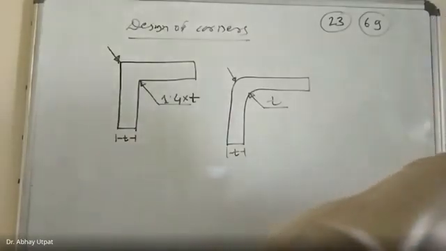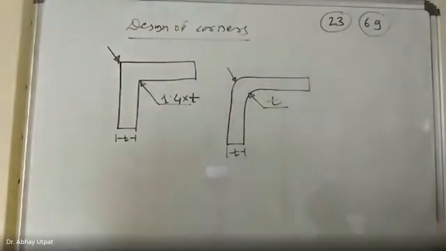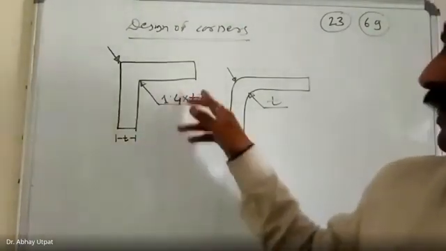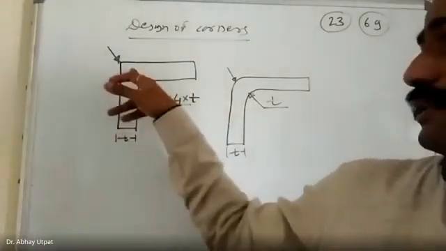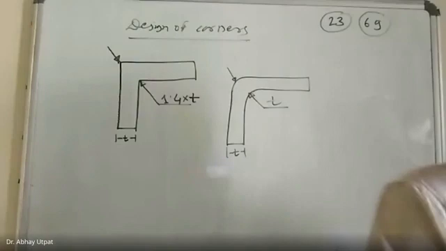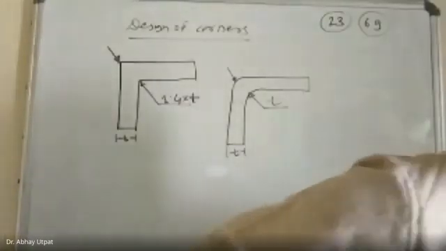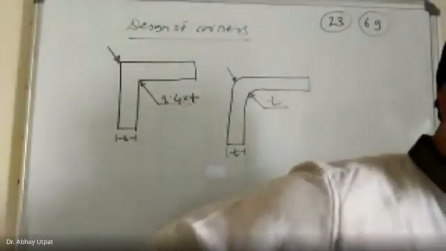This will result in differential shrinkage, meaning shrinkage here will be different, shrinkage here will be different, and longer cooling time. Full stop. Hence, sharp corners be avoided.